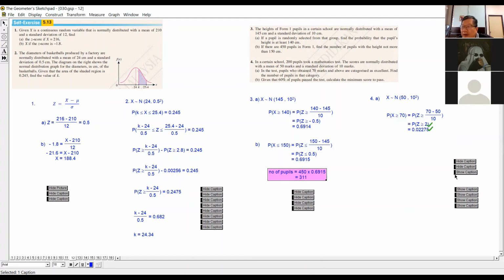The probability is 0.02275. The total is 200. So we multiply together, the number of students is 5. So we know that there are 5 excellent students with marks above 70.